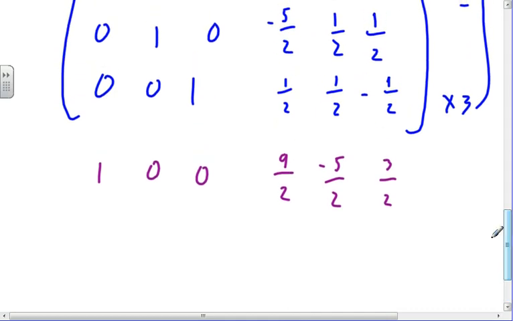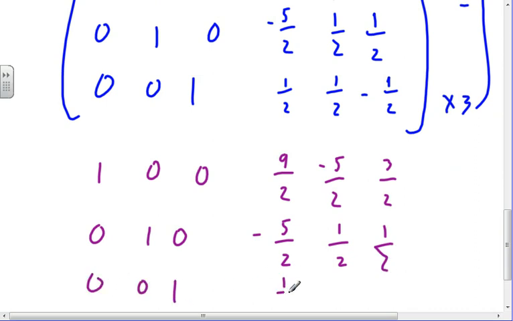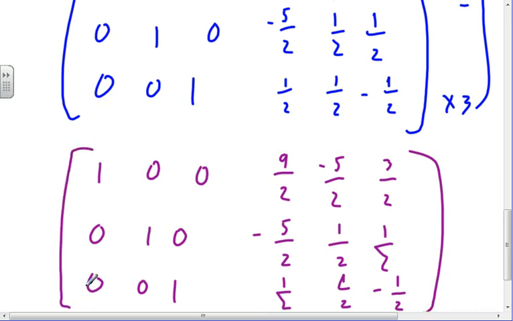The other 2 rows stay the same. 0, 1, 0, minus 5 over 2, 1/2, 1/2, 0, 0, 1, 1/2, 1/2, minus 1/2. Okay, so now I've got the inverse matrix.